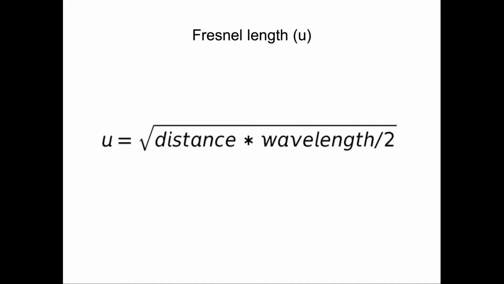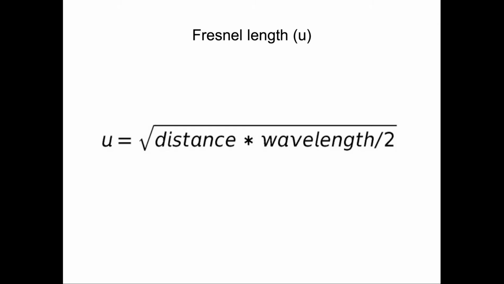But the Fresnel length involves the square root of distance times another distance. So the Fresnel length is actually a distance. And so if you measure distance in kilometers and wavelength in kilometers, seems a strange way to do that, but in fact it works out, and you end up with a Fresnel length in kilometers.